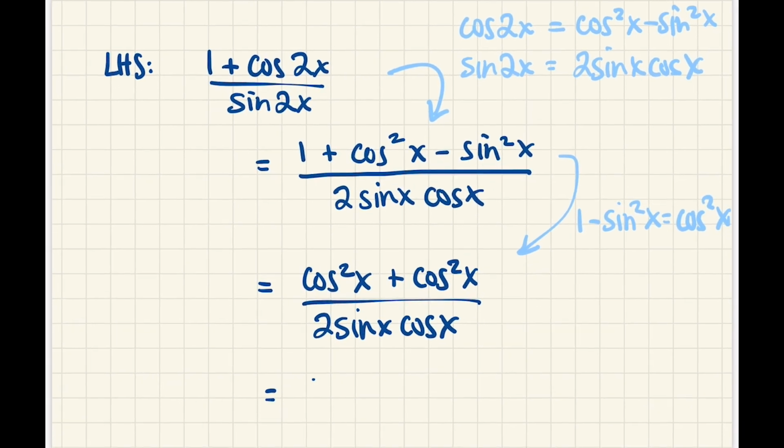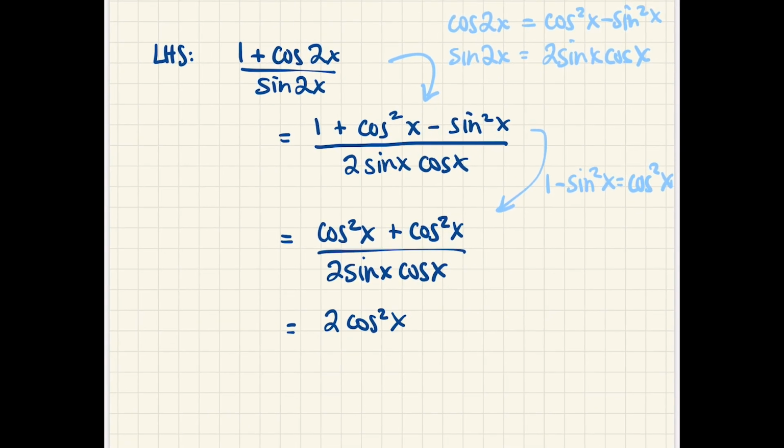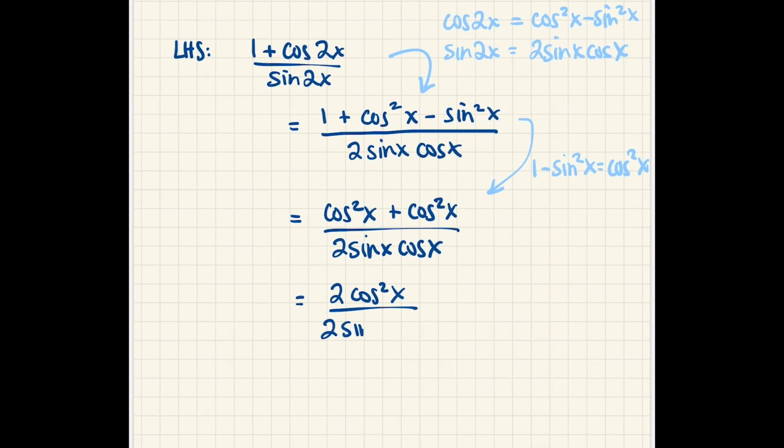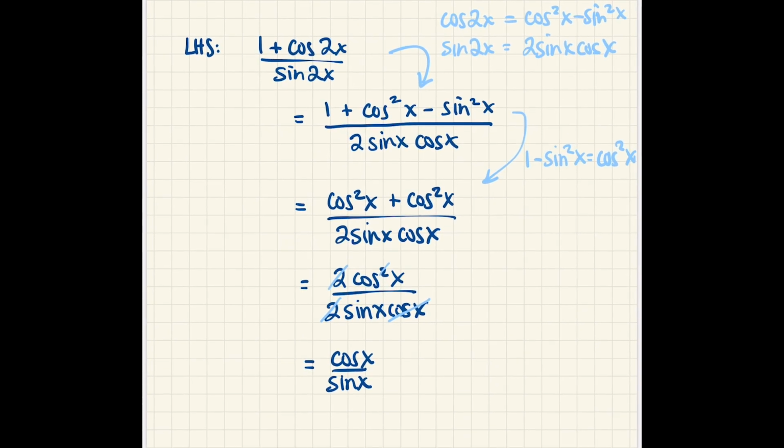Okay, well that's just 2 cosine squared in the numerator over 2 sine x cosine x. And we can cancel a factor of 2, but there's more. We can also cancel a factor of cosine. So the one factor of cosine canceling from the numerator and a factor of cosine canceling from the denominator will give us simply cosine of x over sine of x.